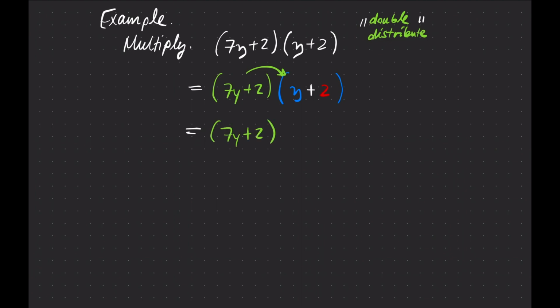There's my first number, and then times my second number, y. And then here's this addition sign. This is the same addition sign right here. And then I'm distributing out my other y on this side. I'm sorry, to my other number, I meant to say 2y plus 2 times, and then here's my red 2. Not bad, not bad.